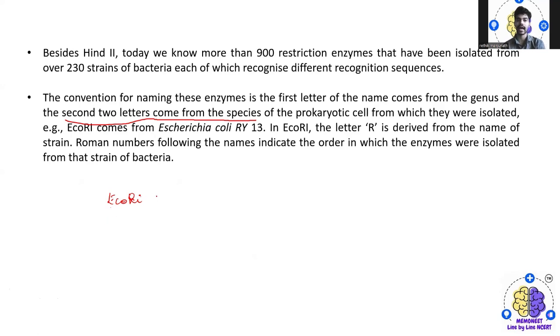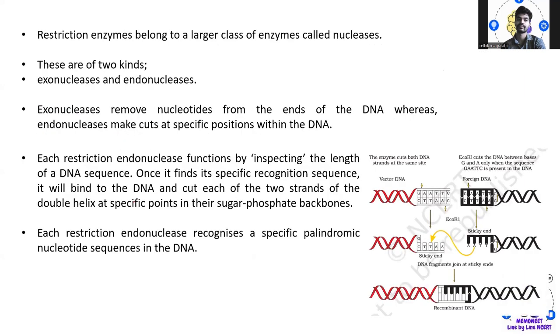So here we have EcoRI, where R is derived from the strain it has been taken from. And the Roman numeral that follows the name indicates the order in which the enzymes were isolated from the strain of the bacteria.